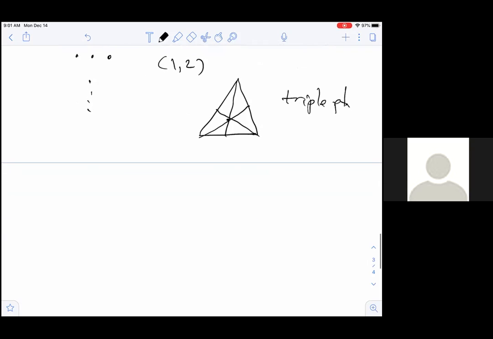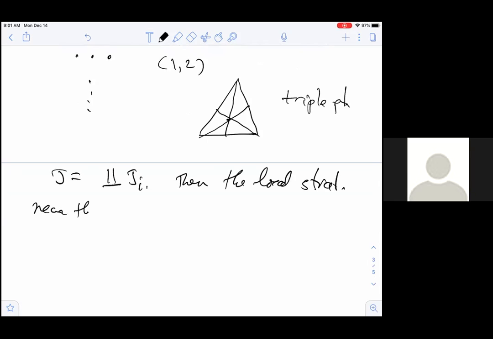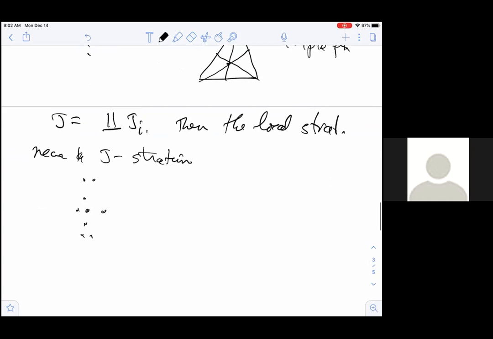So the local stratification, if J is a disjoint union of maximal intervals Ji, then the local stratification near a, shall we call it, J stratum, that is, a stratum where the coincidence of the critical points is as described by this collection of intervals, looks like, well, it's isomorphic to a product over i of delta length of Ji.